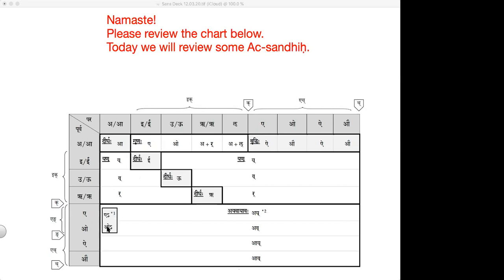Where we are in this chart is this little small box at the bottom left. You see that small indent box with star 1? That's what we're going to be looking at. Basically we've covered everything else except for this small little box. So we're going to finish that today. So you can actually just go to purvarupa-sandhiḥ. That's the 7th Sandhi.